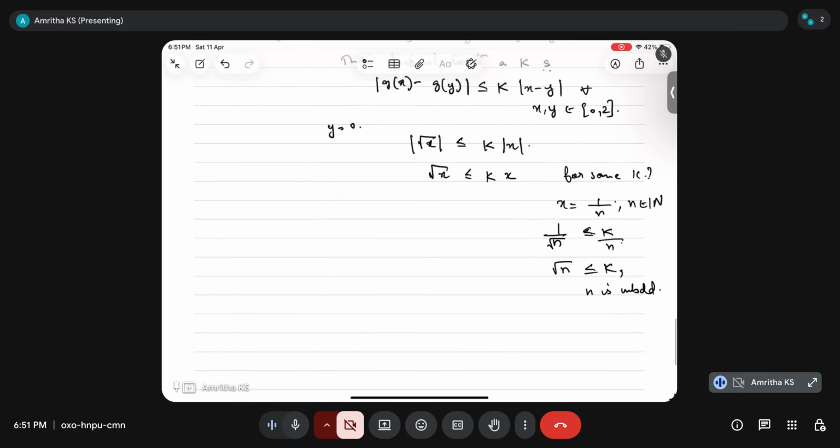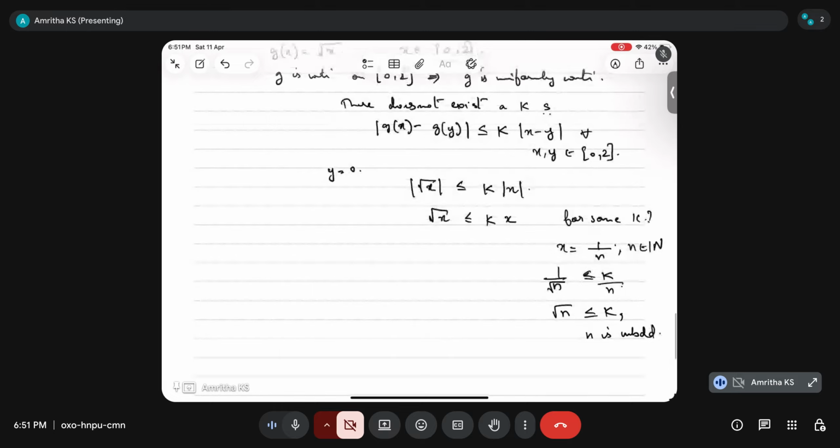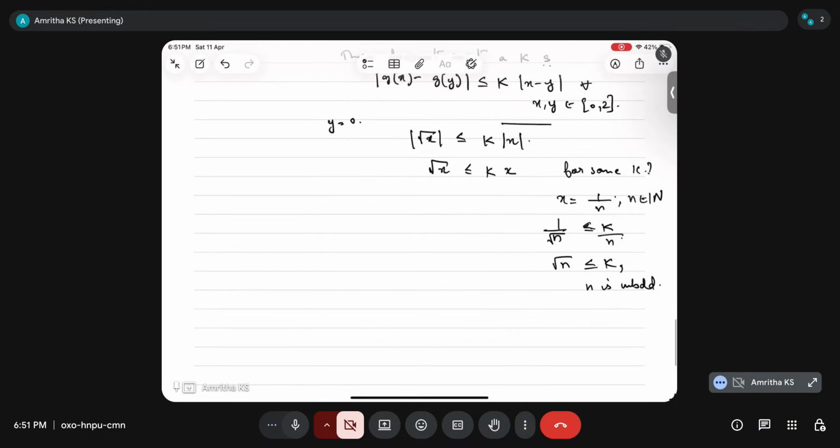So there does not exist a k such that this holds, which implies that g is not Lipschitz.